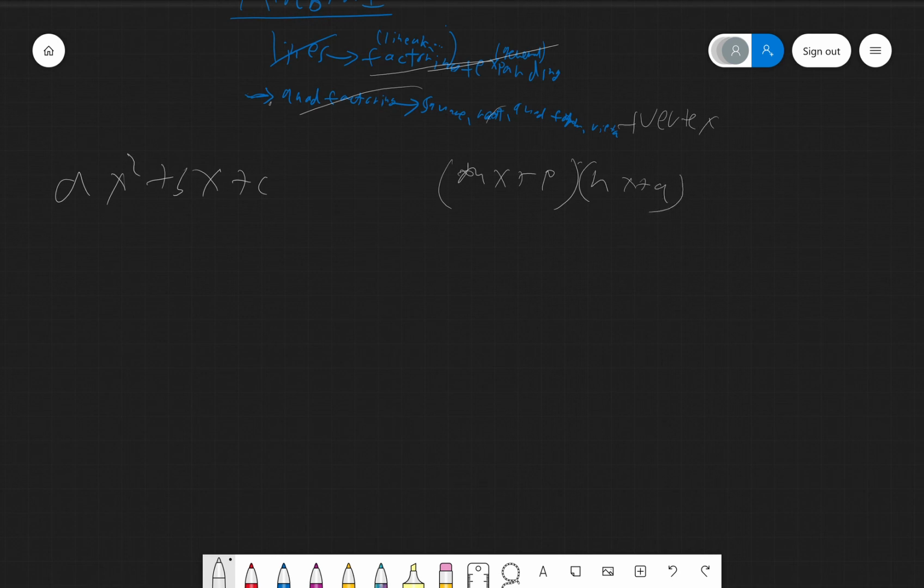And then there's vertex form. Vertex form might seem weird at first, but it's really helpful for optimization. Optimization is where you find the maximum or minimum of it, stuff like that. So it's in the form a times x minus h squared plus k.